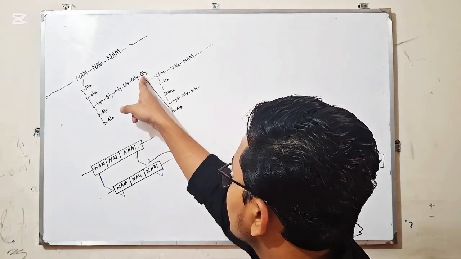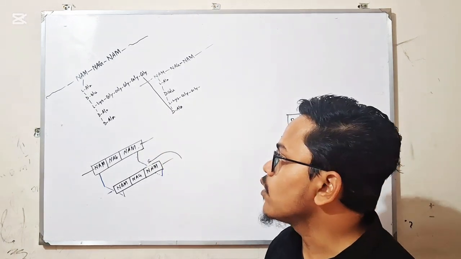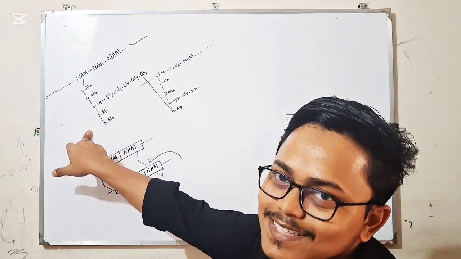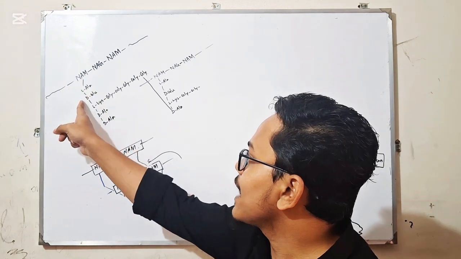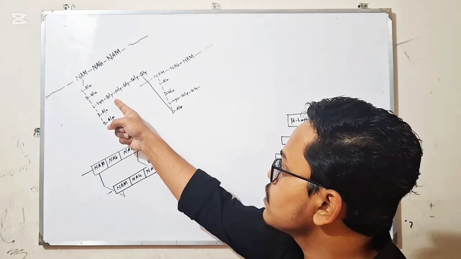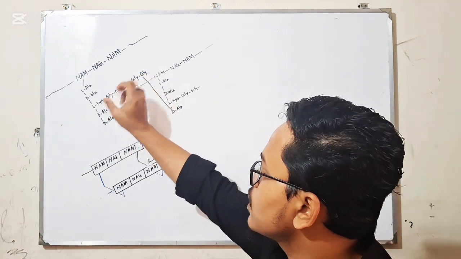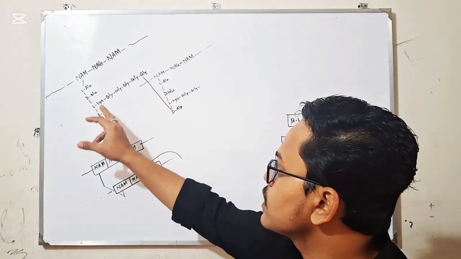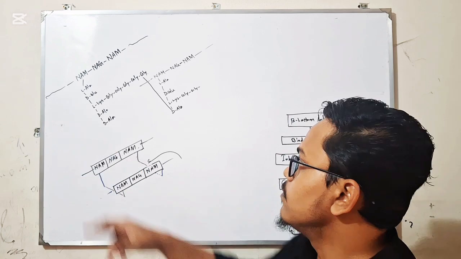The cross link is formed between these two amino acids, that is glycine and D-alanine. First of all, we have to know these are basically amino acids: L-alanine, L-glutamate, L-lysine, which is bound with glycine, and 5 glycines are bonded with lysine, and D-alanine and another D-alanine.